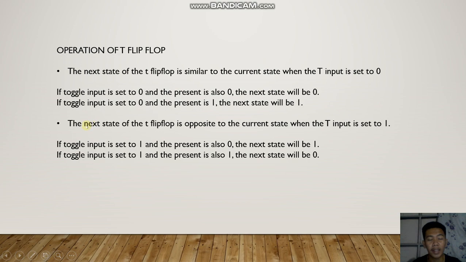The next state is opposite to the current state when the T input is set to 1. So if the toggle input is 1 and the present state is 0, the next state will be 1. And if the toggle input is 1 and the present state is 1, the next state will be 0. So this is the operation of a T flip-flop.